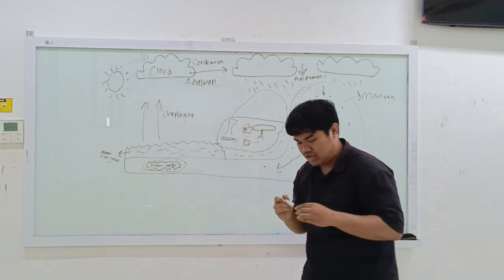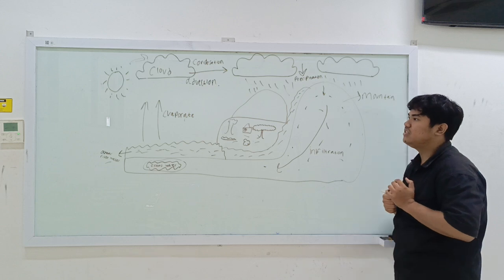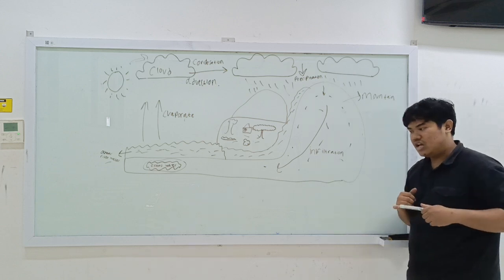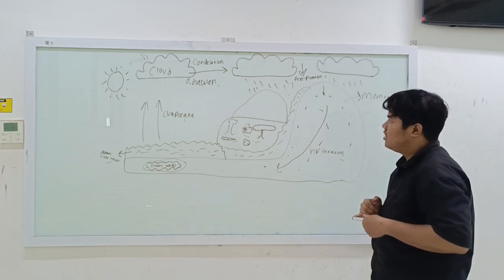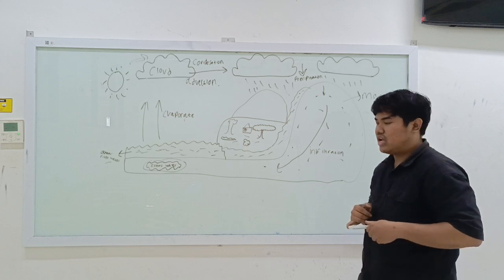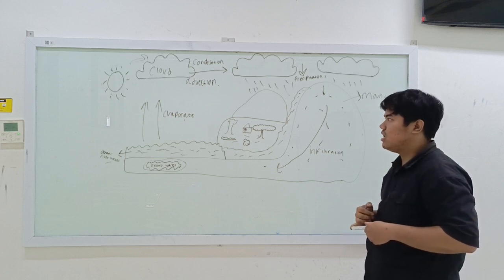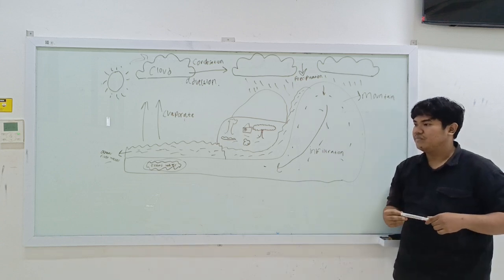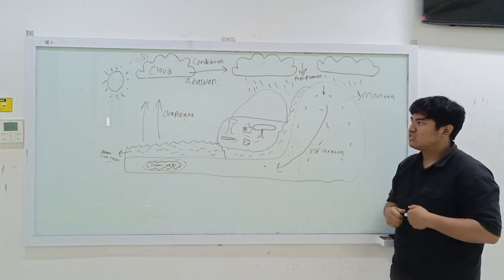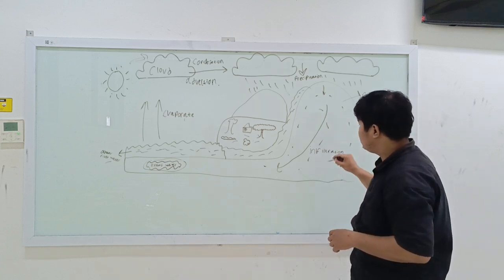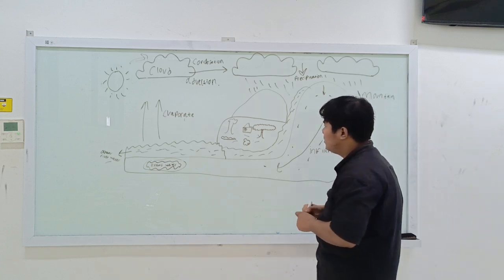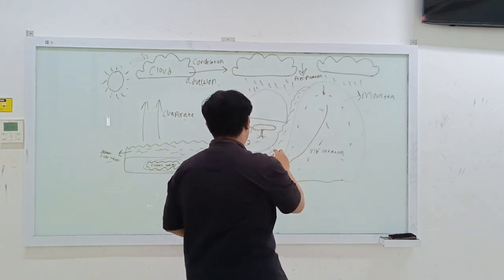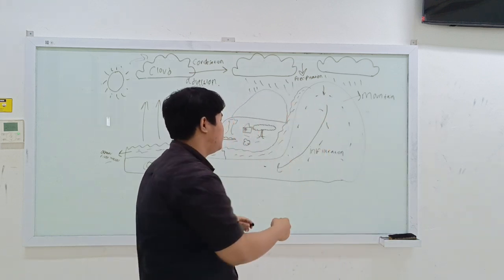So now, let's go to the interesting topic. Do you guys know what will happen if there are no trees because of illegal logging in the mountain forest? Correct, floods will happen. Do you know why? Because it reduces the infiltration done by the trees and plantation in the mountain.